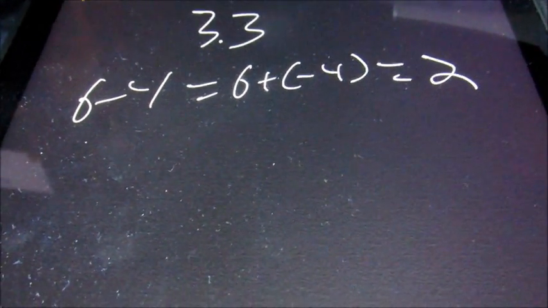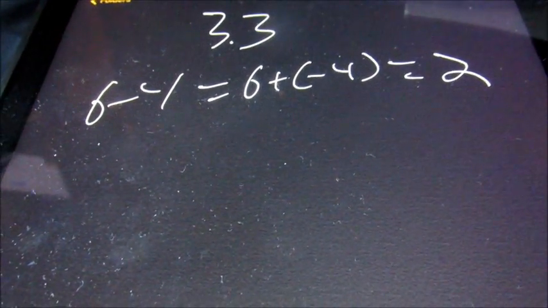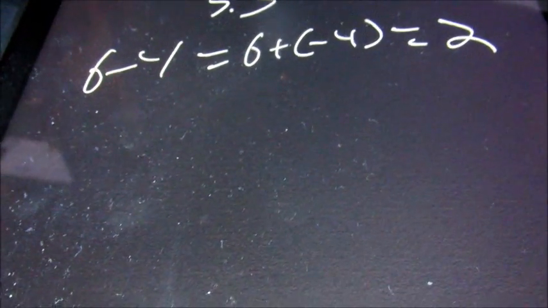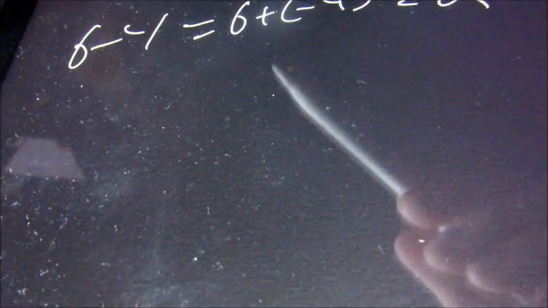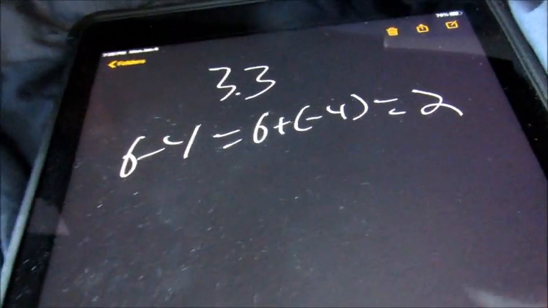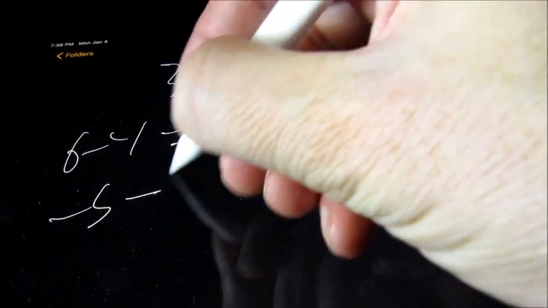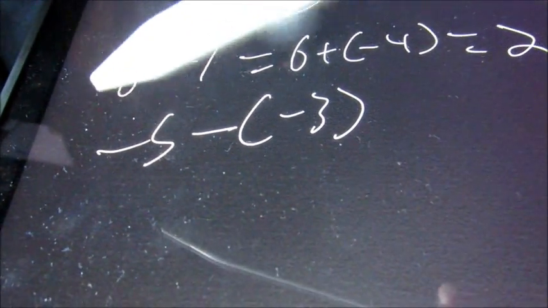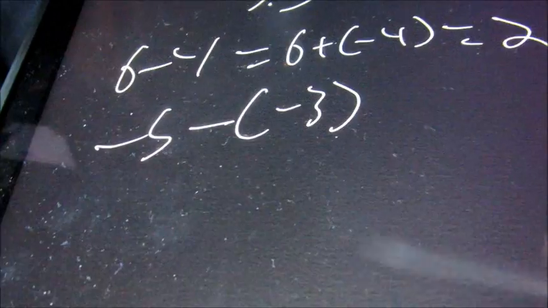Also with the section before, when you have a negative and a positive, I would have changed it to be just 6 minus 4 instead of 6 plus negative 4. But let's say that we have negative 5 minus negative 3. And now notice how I said that. I said negative 5 minus negative 3.